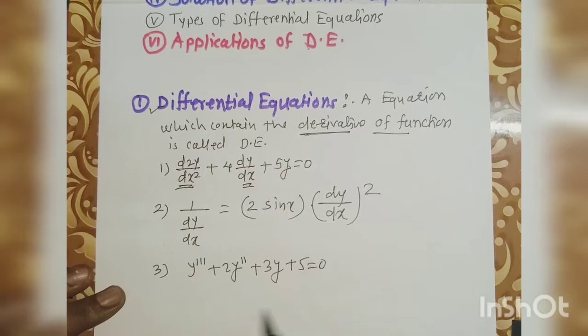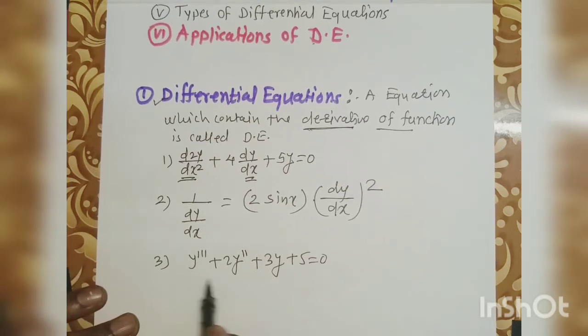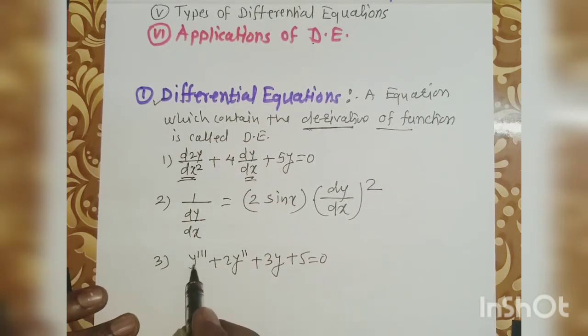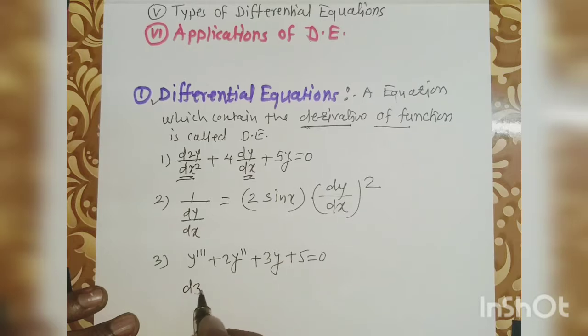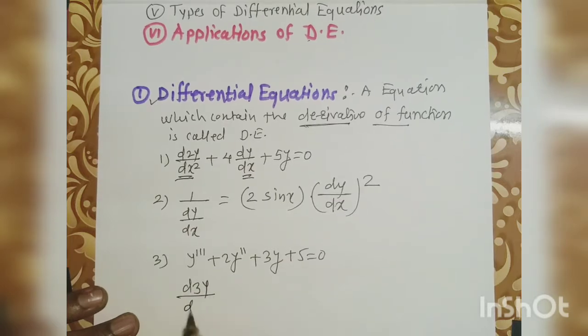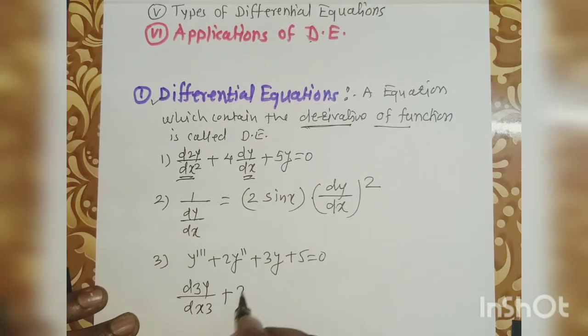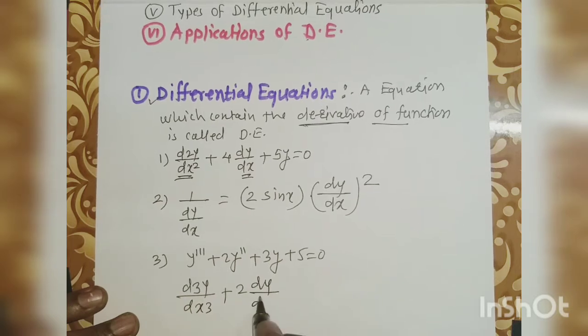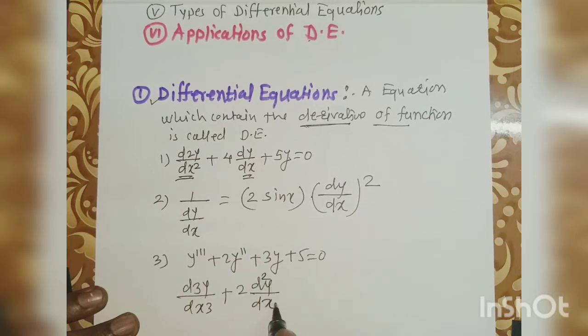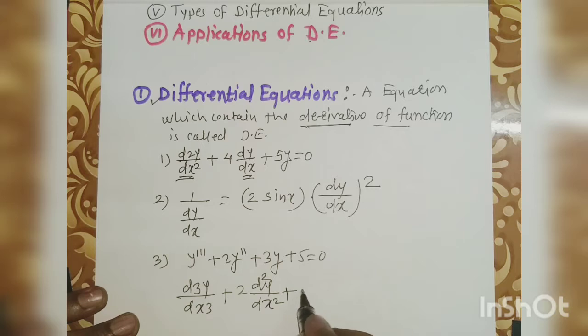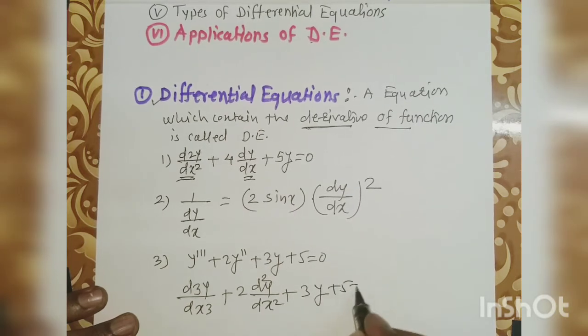Now sometimes we write y triple dash plus 2 into y double dash plus 3y plus 5 is equal to 0. The meaning of this equation is third order derivative, that means d3y by dx cube plus 2 into second order derivative, d2y by dx square, plus 3y plus 5 is equal to 0.